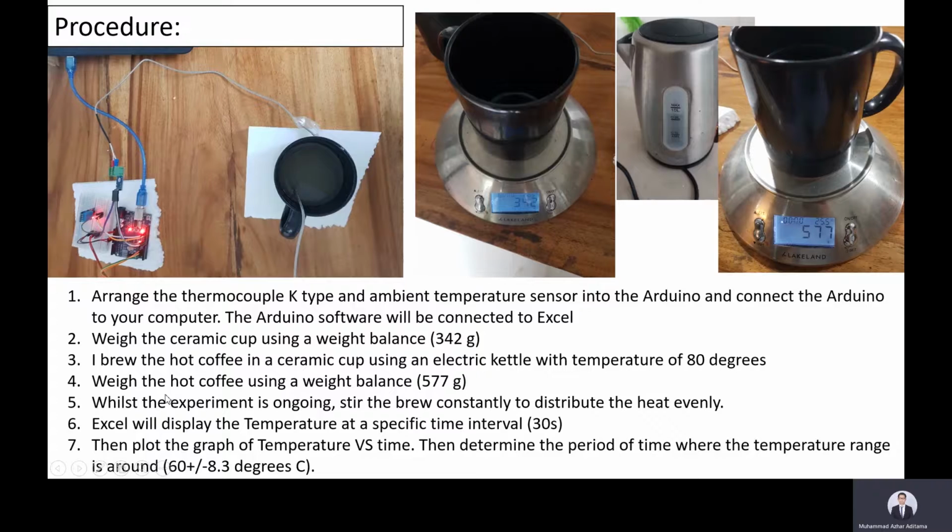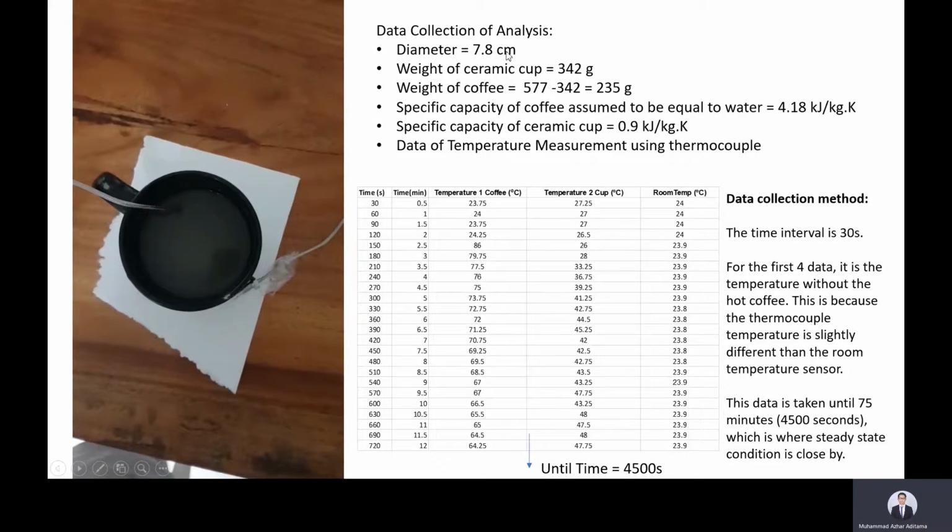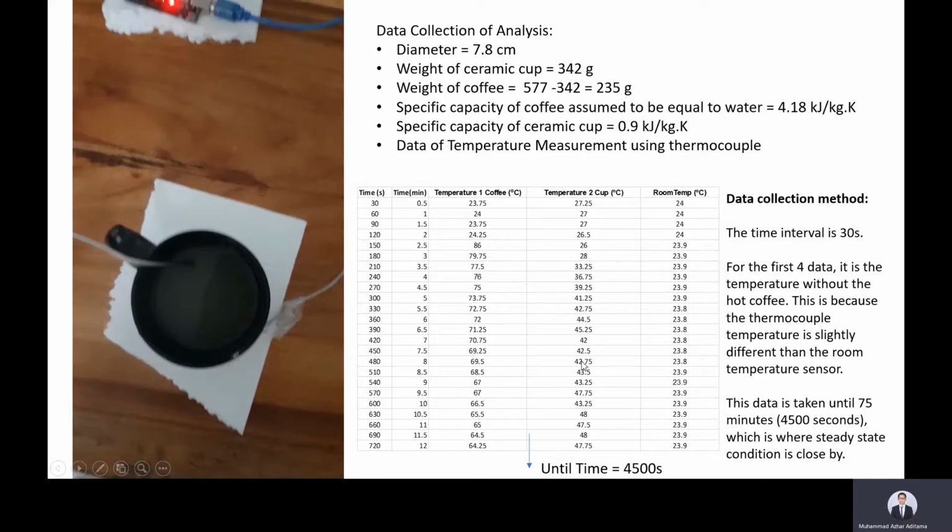Whilst the experiment is ongoing, I will stir the brew constantly to distribute the heat evenly. Based on the Excel data, we can plot the temperature time graph and analyze the temperature distribution graph.